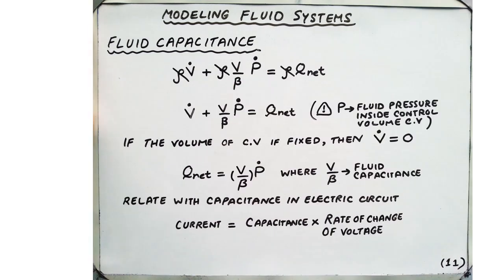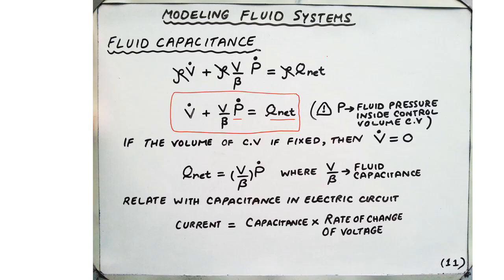After cancelling out rho from this equation, we finally arrive at an expression where we have the rate of change of volume plus volume divided by bulk modulus times the rate of change of pressure equals the net fluid flow rate.